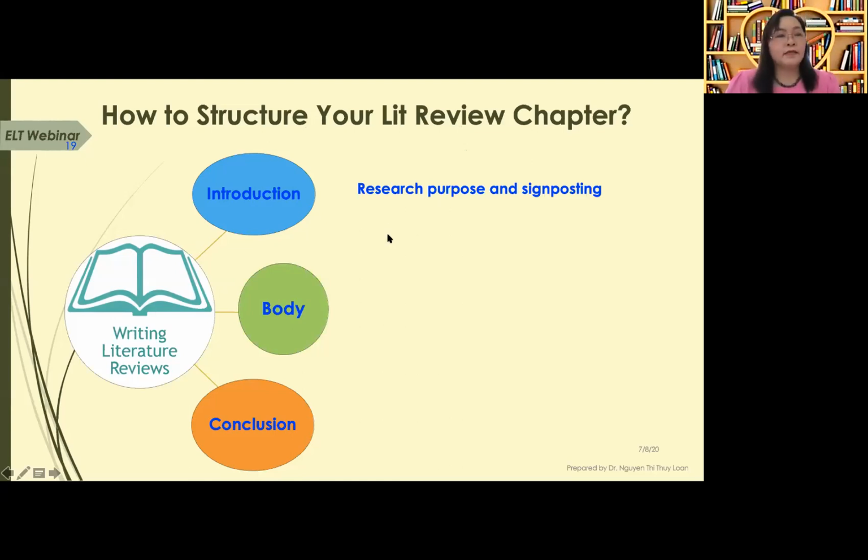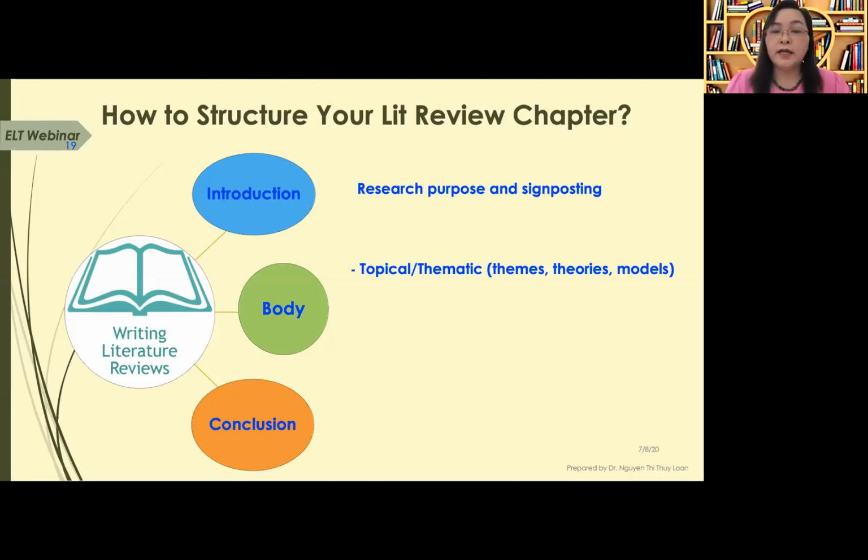So first, at the beginning of the chapter, you remind the reader of your research purpose, and then what you will review, and give them some signposts to follow. And in the body, because you have to review a lot of research aspects or subtopics related to your research, you have to organize them in some way. How can you organize?